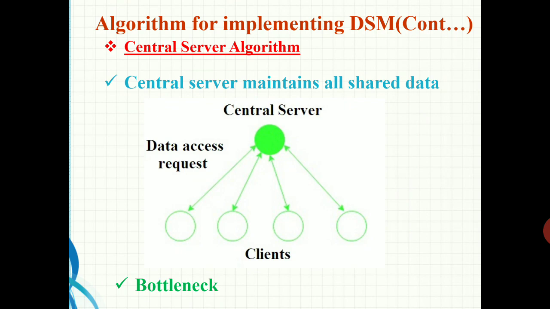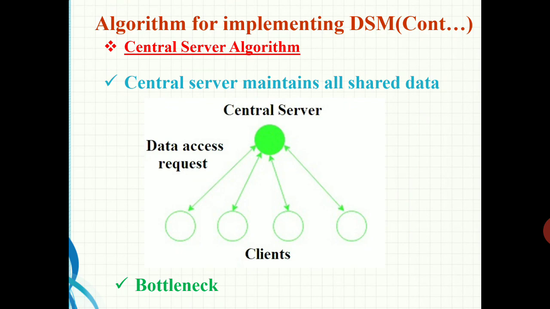Then the central server will service that read request from the requesting node by returning the data item to it. The central server also services a write request by updating the data item and returning an acknowledgement message to the corresponding requesting process or client.